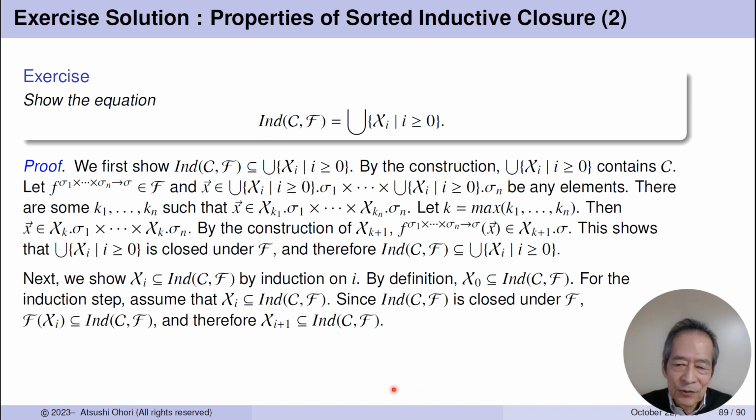So you can stop the video and go through. Therefore, it's isomorphic step by step. So nothing complicated. So the generalization of inductive closure to sorted inductive closure is indeed just a smooth, simple and systematic generalization, right? So nothing complicated. I skip the detailed reading of this proof.